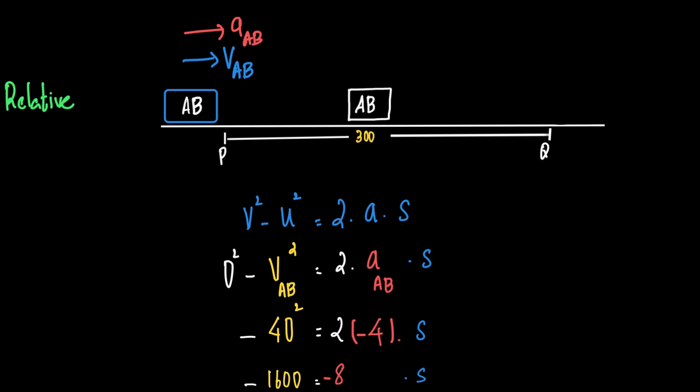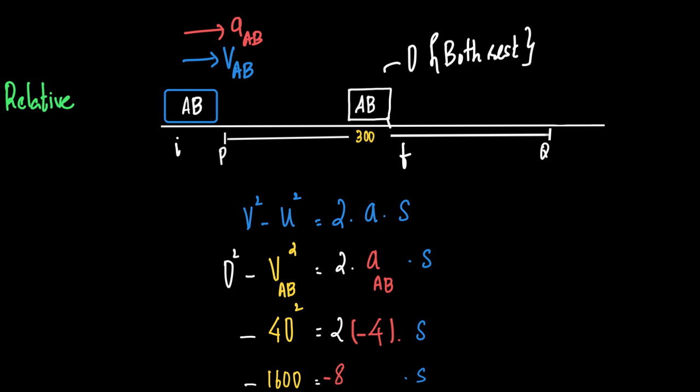Now, analyzing the relative motion separately, V square minus U square will be 2AS. This is the initial condition, and over here is the final condition. In the final condition, the velocity is 0, because both of the cars are at rest. So final is V square, which is 0 square.